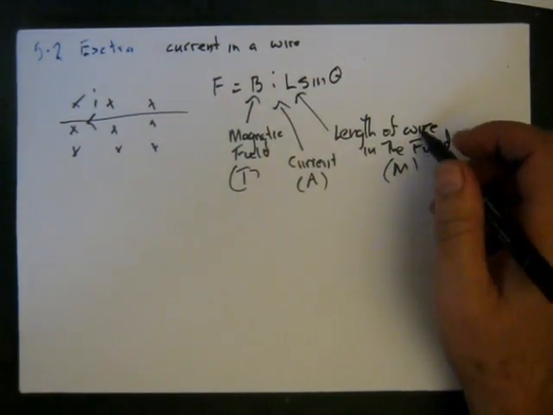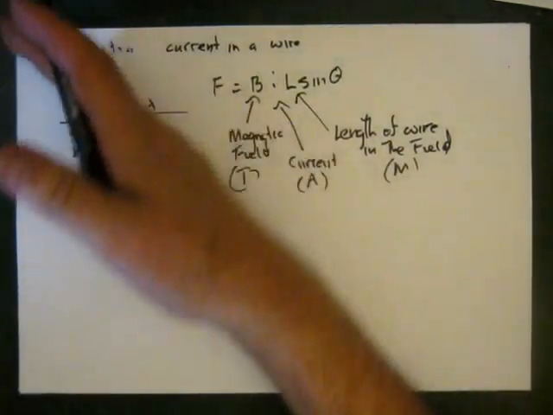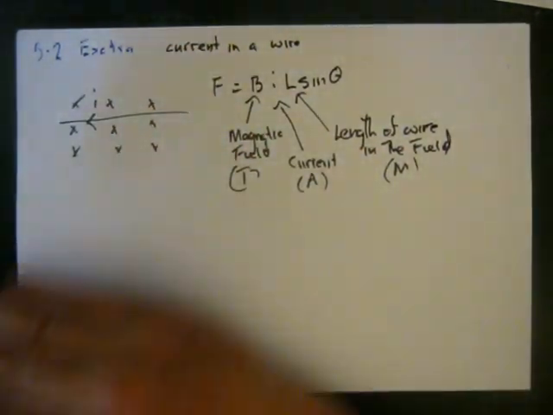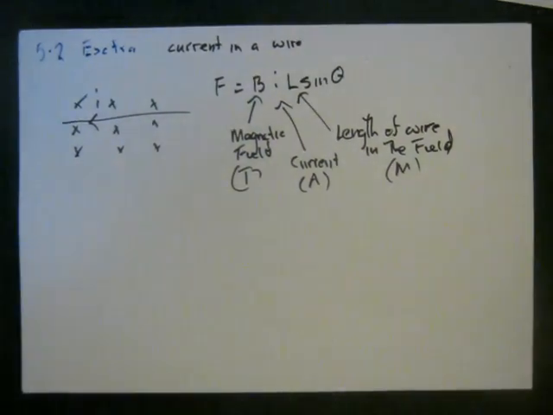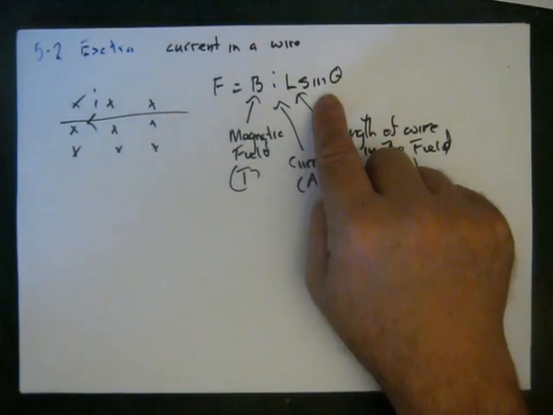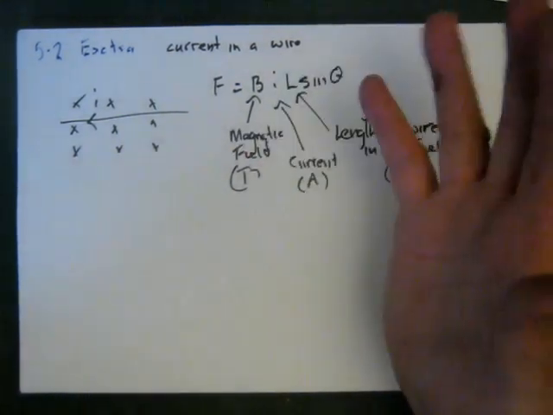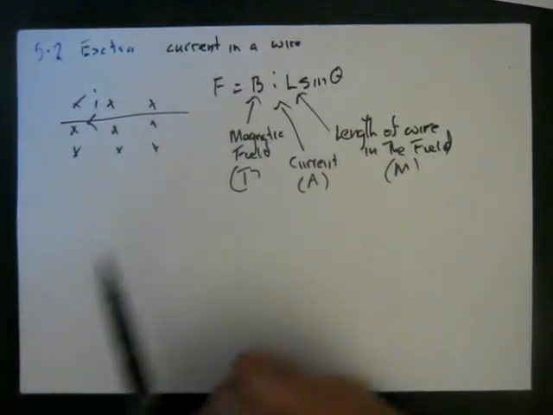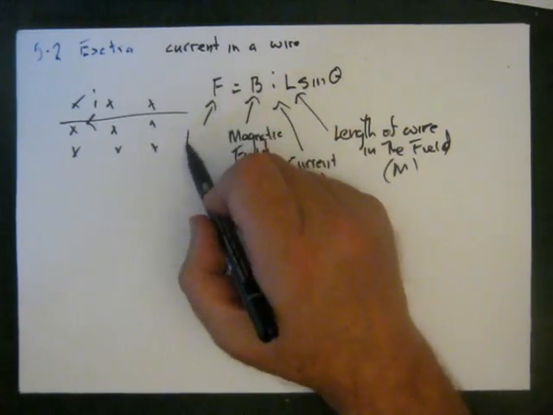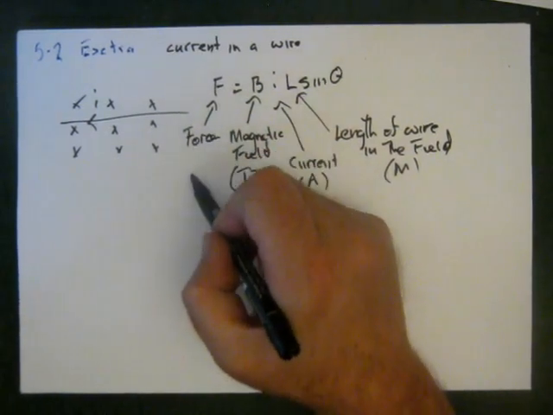And sine theta is the angle of the wire. If the current were going straight into the page, it would experience no force, because theta is 0, sine theta is 0, and you multiply anything by 0, it vanishes. So we're going to end up with a force measured in Newtons.